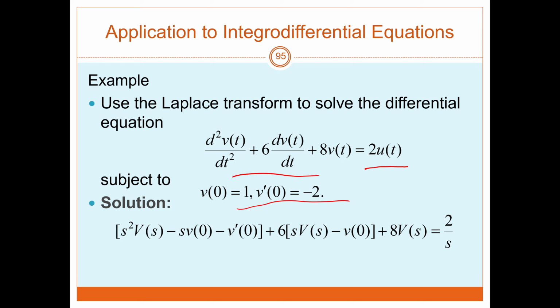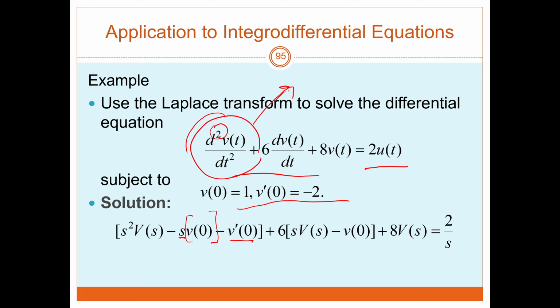First of all, we see that this part, which I have informed just now, what the suitable differentiation will be. It is a second degree, so it will be s squared vs minus s multiplied by the initial condition, according to the differentiation property, minus v prime 0, which is the initial condition.